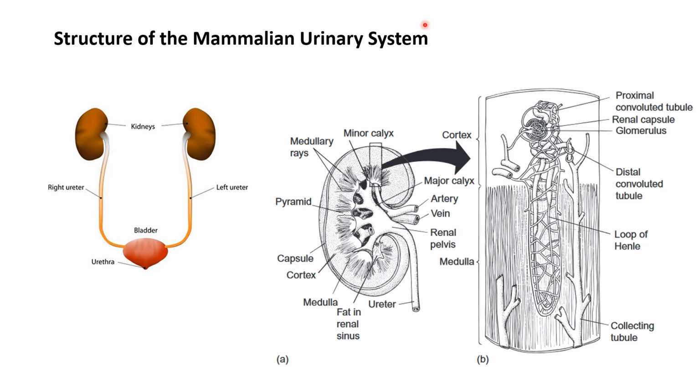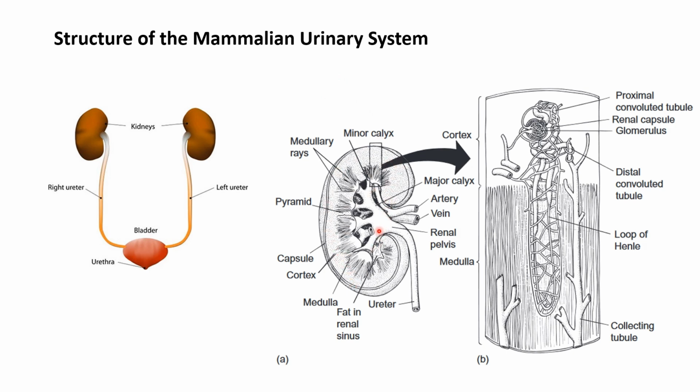Looking closely at the kidneys, the renal artery delivers fresh, oxygenated blood to it. This blood also contains the wastes to be eliminated in the urine. The renal vein collects the filtered blood. And histologically, the kidney is divided into an outer cortex and an inner medulla.